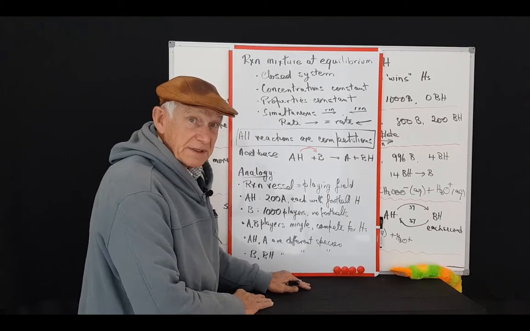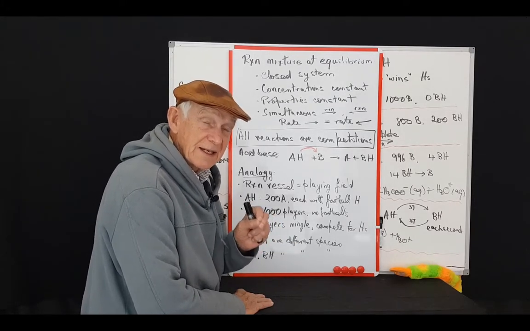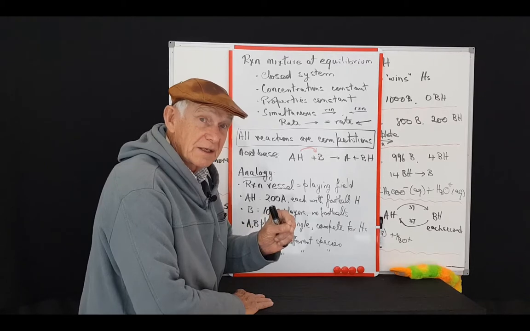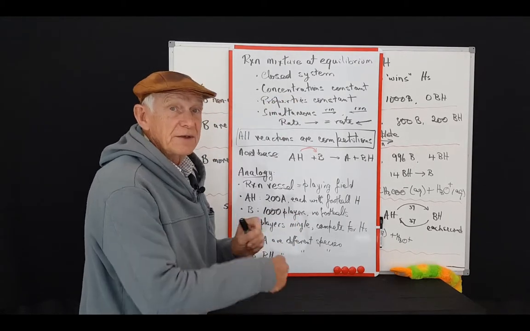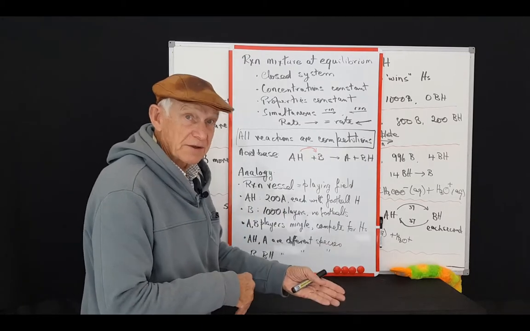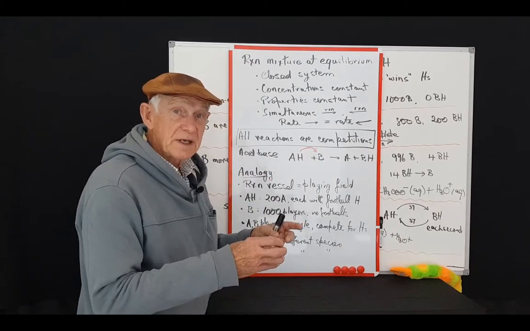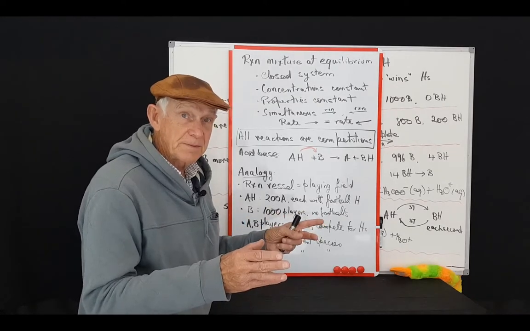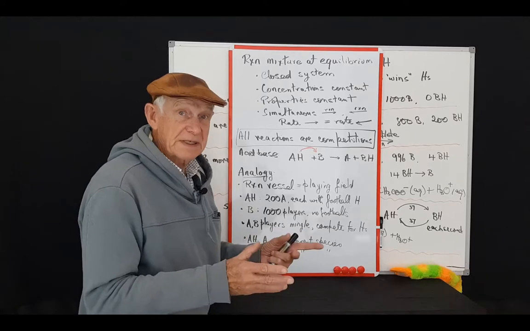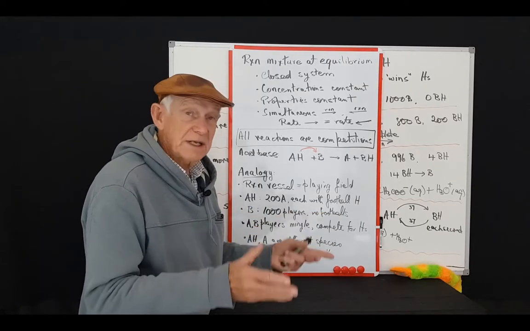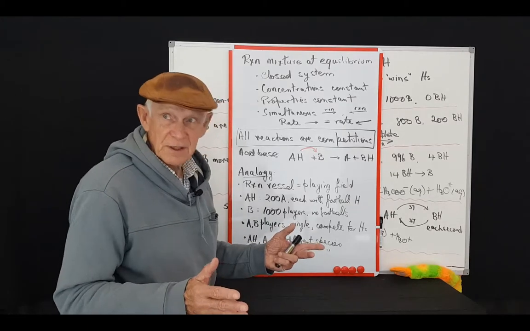The characteristics of a reaction mixture in which the reaction is in this condition of dynamic equilibrium are these. It's a closed system, no stuff coming in, no stuff going out. The concentrations of all the species are not changing with time. And as a result of that, the properties like density, like refractive index, are not changing with time.